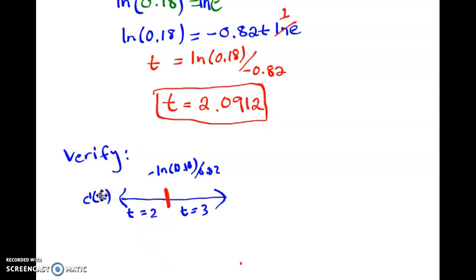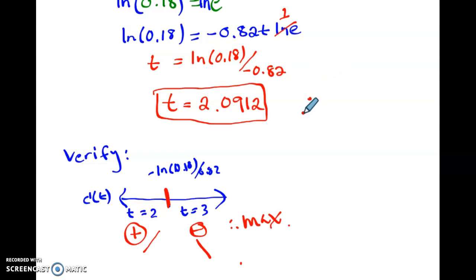If we plugged 2 into our first derivative, since that's less than 2.09, we would get a positive, which means that it is increasing there. And if we plug 3 in as a test value from the other side, we would get a negative, which means it's decreasing. Therefore, our point is a maximum.